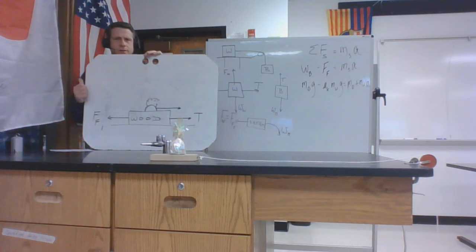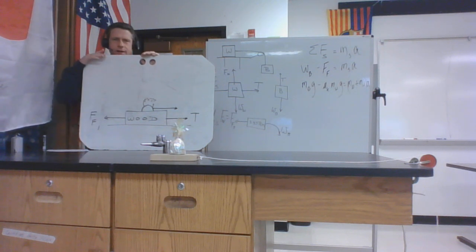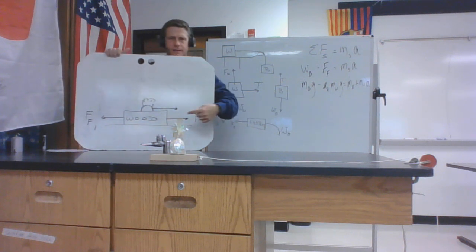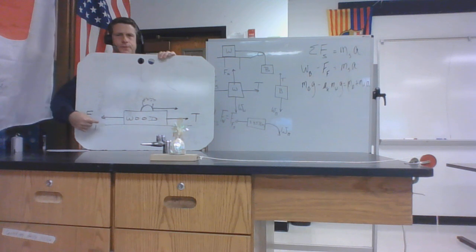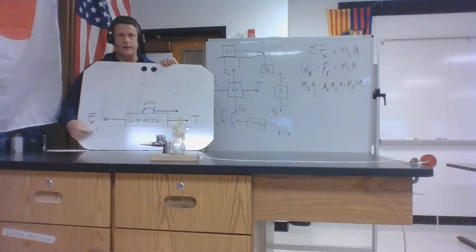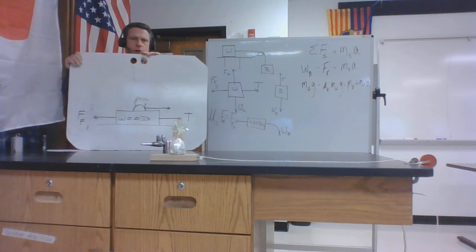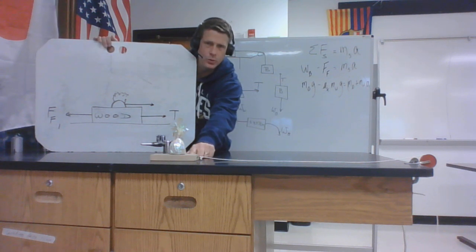So now here's that setup. As this block is accelerating, the tension on the wood block is pulling it to the right. The friction force is now a kinetic friction force. I label it F sub 1, because it's the friction force between the table and the wood block.